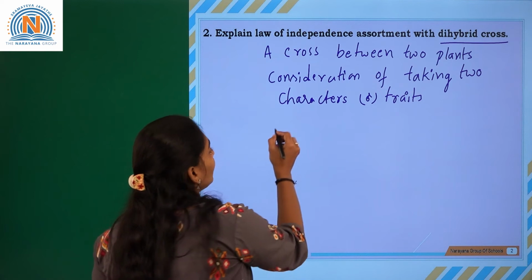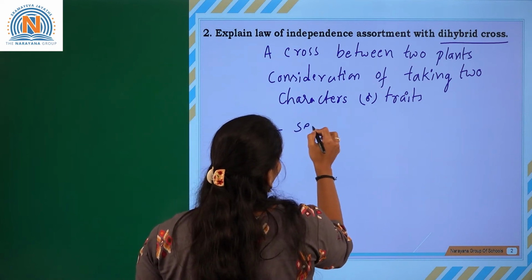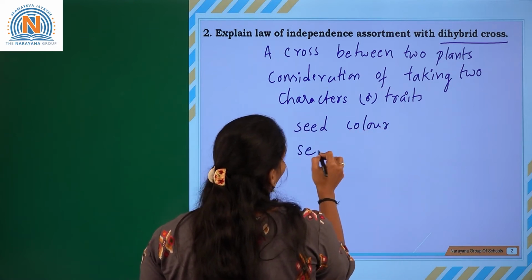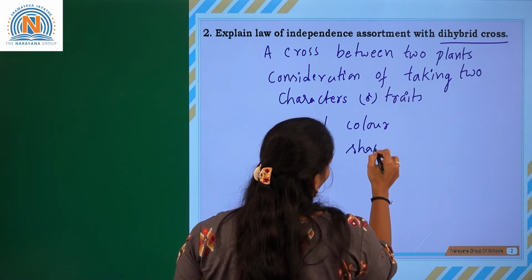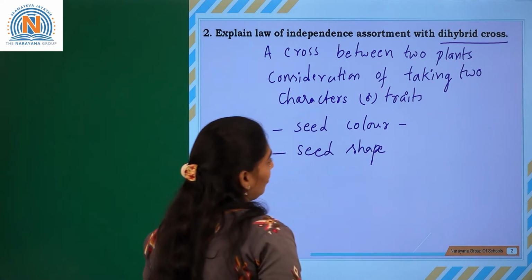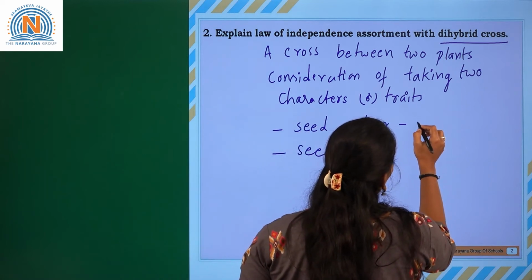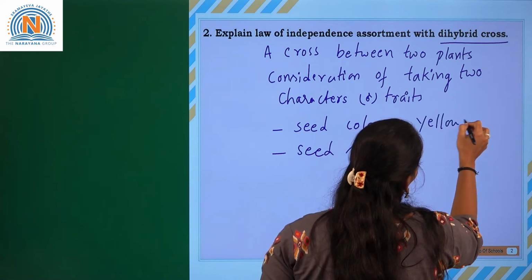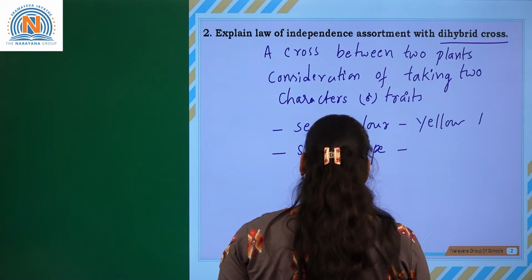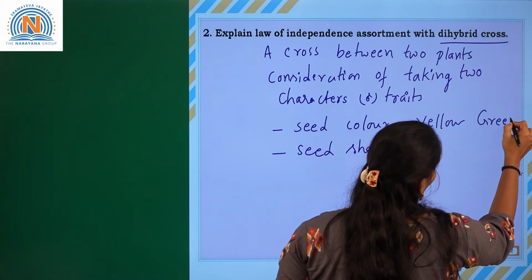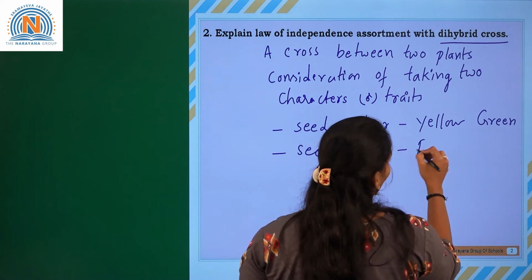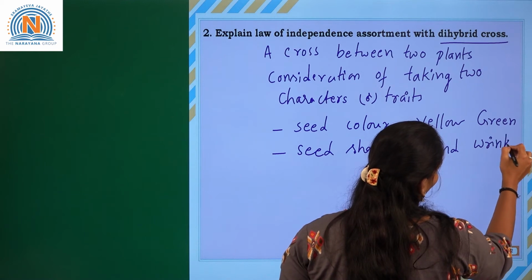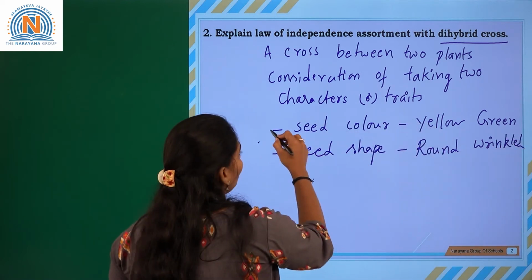The two traits are seed color and seed shape. Seed color is yellow or green; seed shape is round or wrinkled.